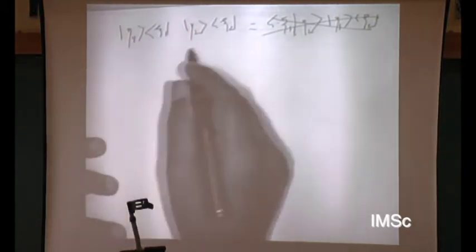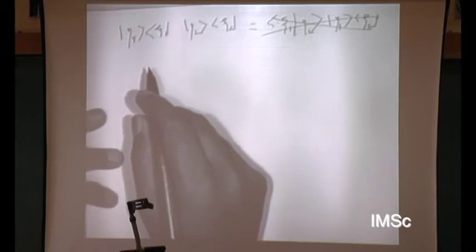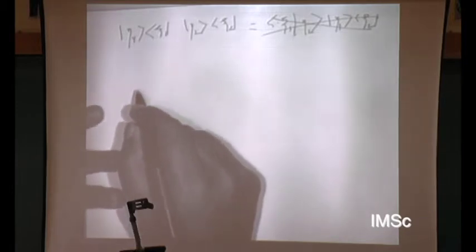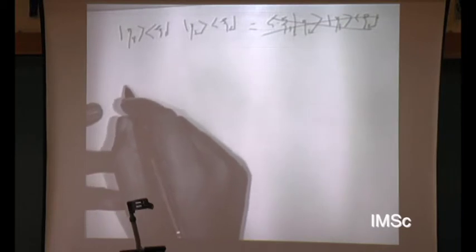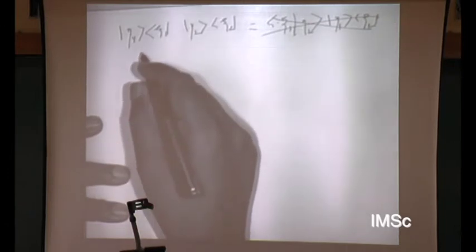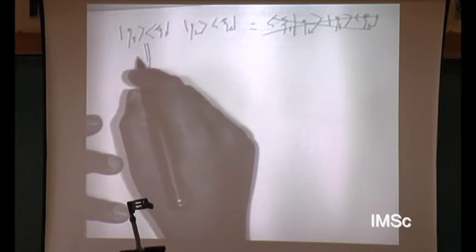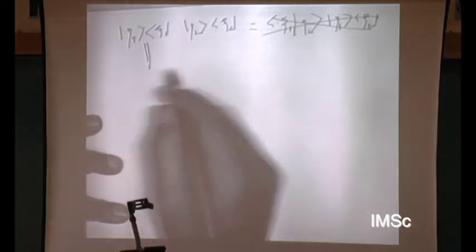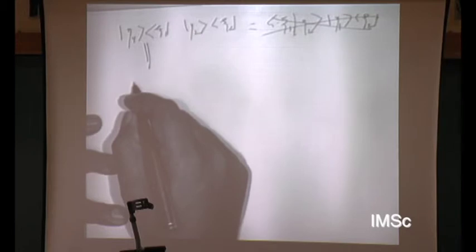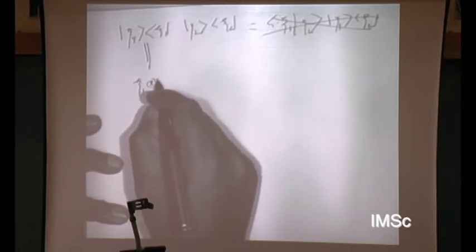So instead, let me write this as, I prefer this notation. This is the physicist notation. Rather than this, my notation will be psi tensor eta 1 bar.